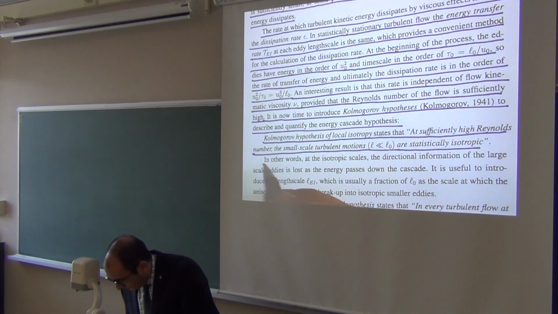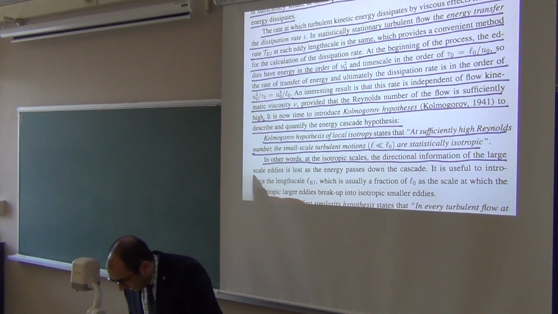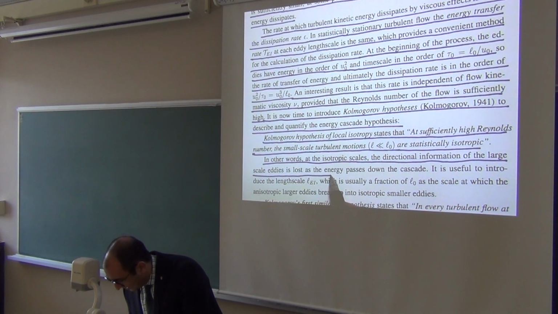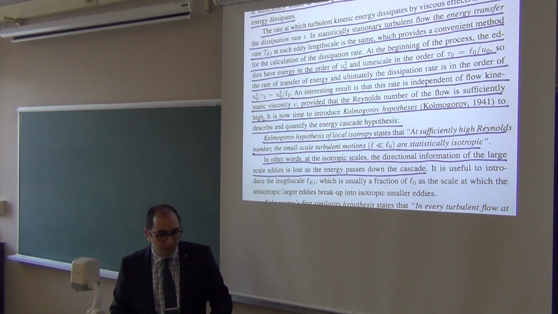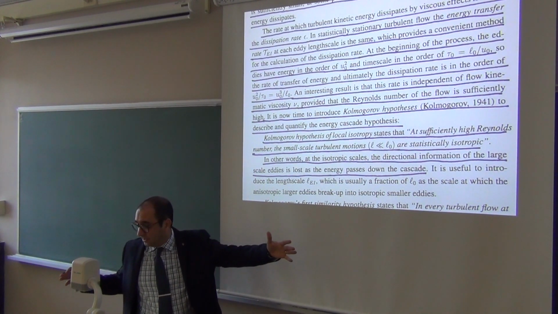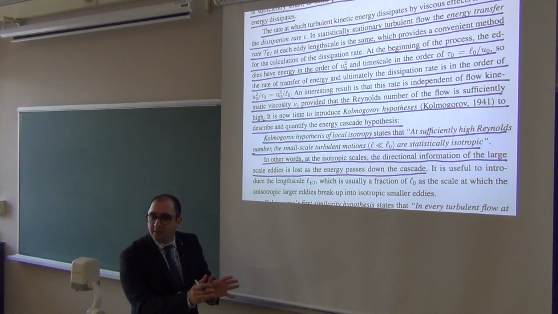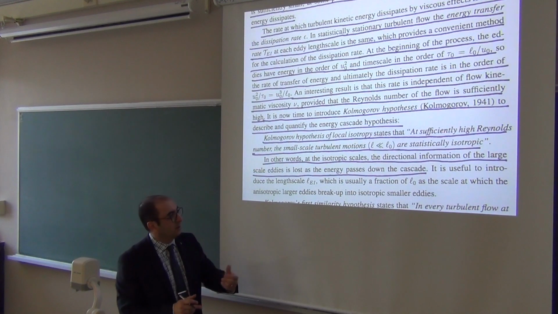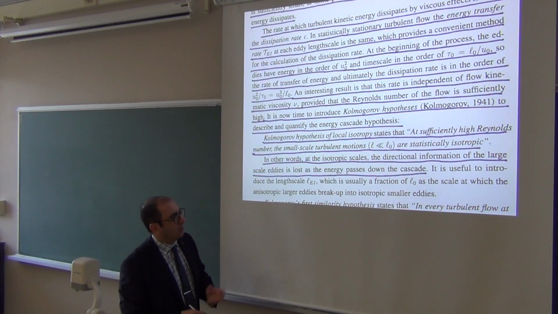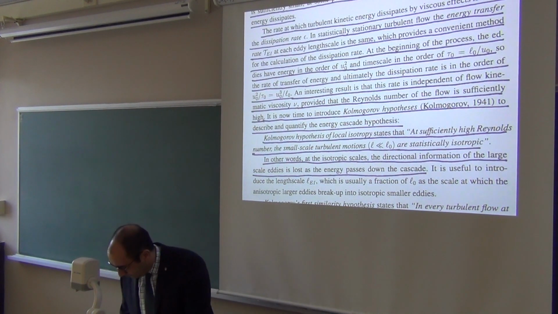In other words, at the isotropic scale, the direction information of large-scale eddies is lost as the energy passes down the cascade. So initially, it is anisotropic, right? When I look at the eddies at the big scale. But when it breaks down to a small scale, the information about directionality is lost. It doesn't matter. It becomes isotropic.